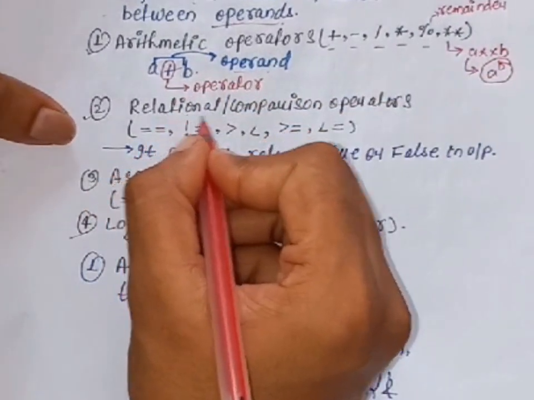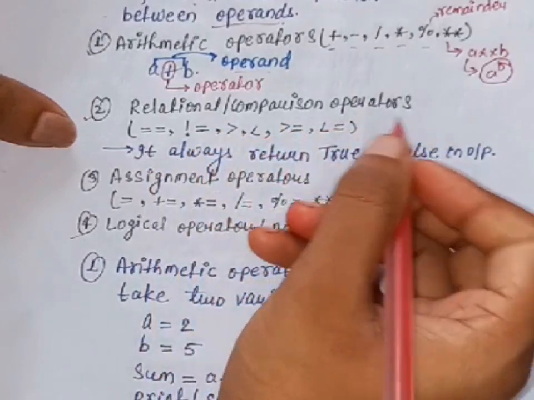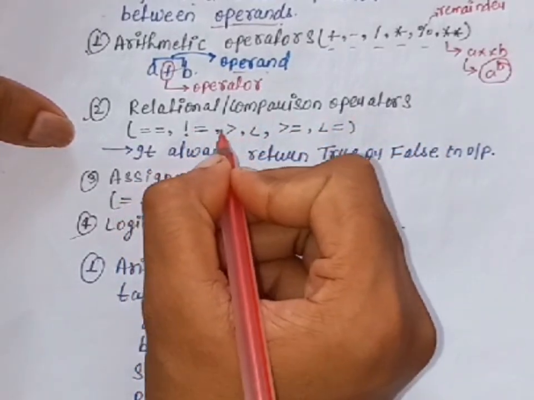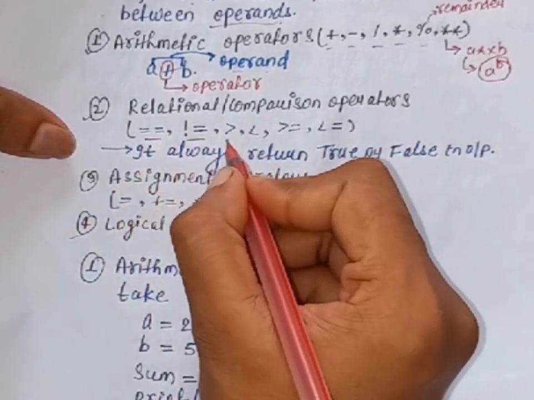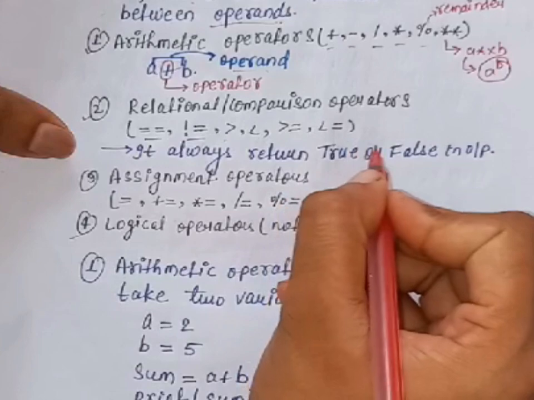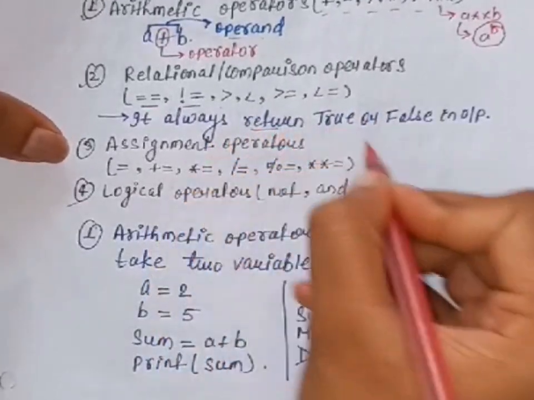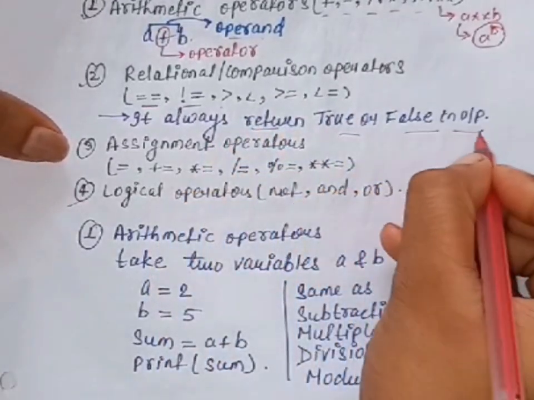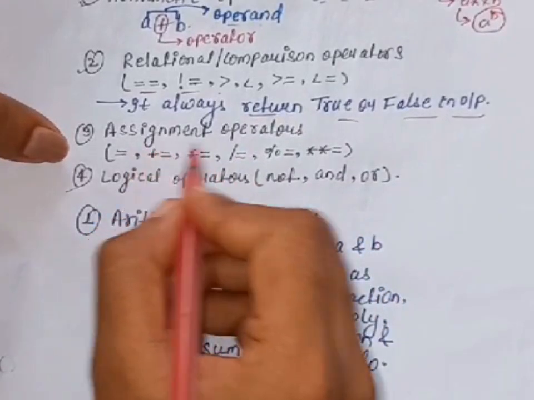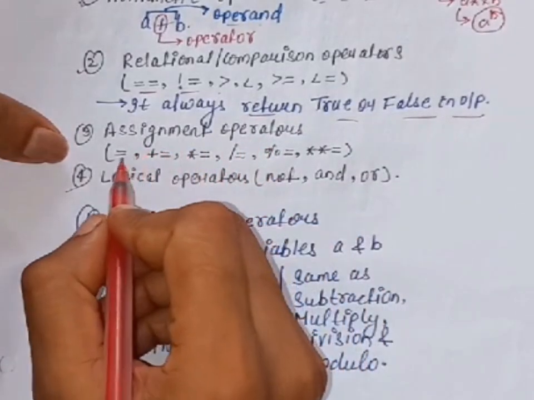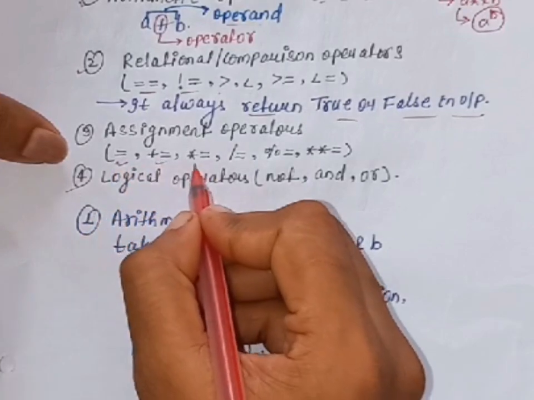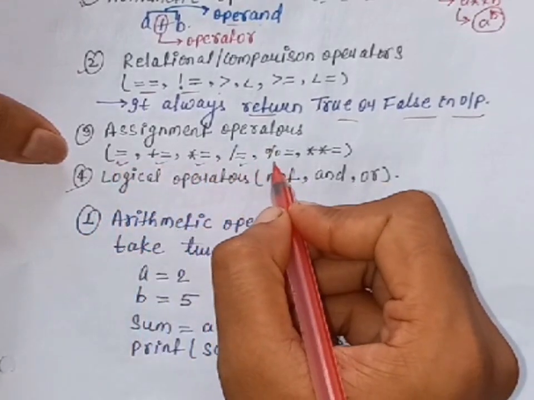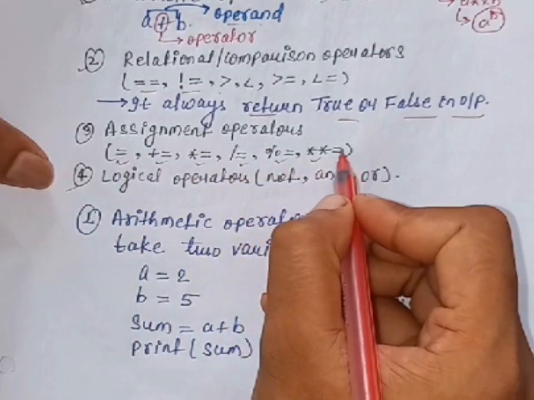Second operator is relational or comparison operator, which is used for comparison function. Double equals to, not equals to, less than, greater than equal to, less than equal to. It always returns true or false in output. The third one is assignment operator, which is used to assign some values: equals to, plus equals to, asterisk equals to, division equals to, modulo equals to, double asterisk equals to.